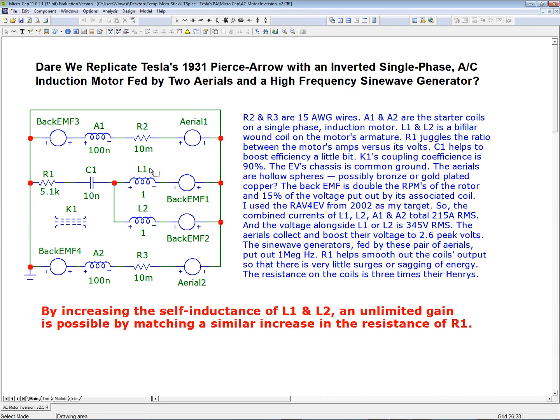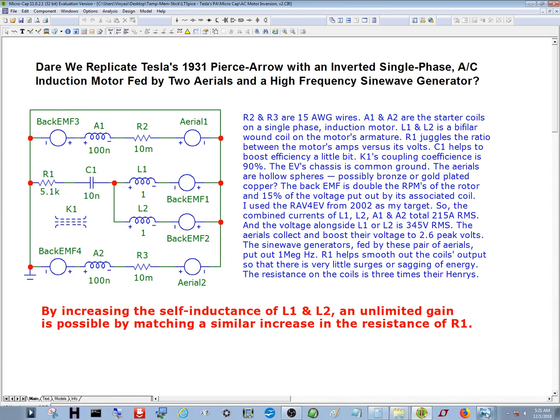So I figure my voltage is my consumption when it's running normally without a load, and then I just take 15%. So I look at the coil here, how much voltage is going through it, and then I put 15% of that coming from a voltage sine wave source going in the opposite polarity, and I give it 300 hertz to double the spin rate of the motor. So that I had to cover right off the bat.